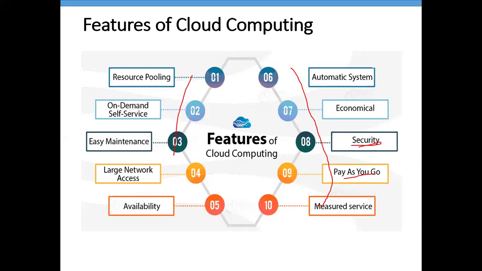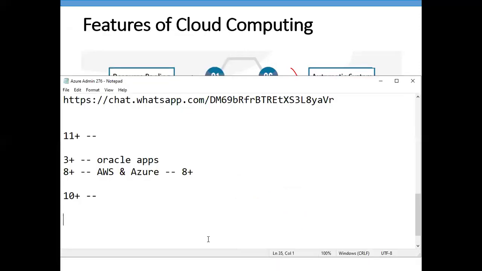And Azure is also a pay-as-you-go service. Pay-as-you-go means, let's take an example, if I'm using that particular service for 10 minutes, I only need to pay for 10 minutes. I don't need to pay for 1 hour, 1 day, 1 month, or 1 year.